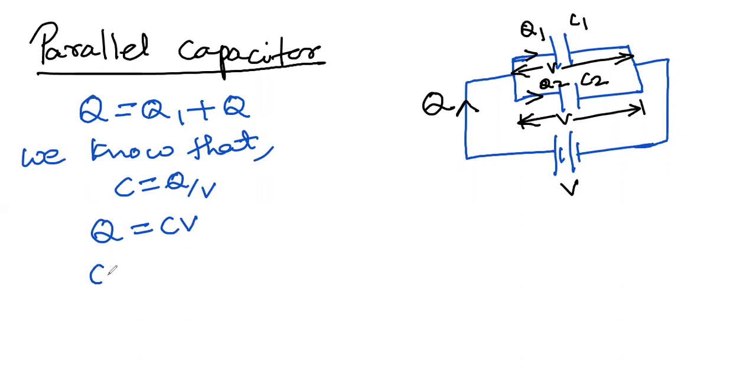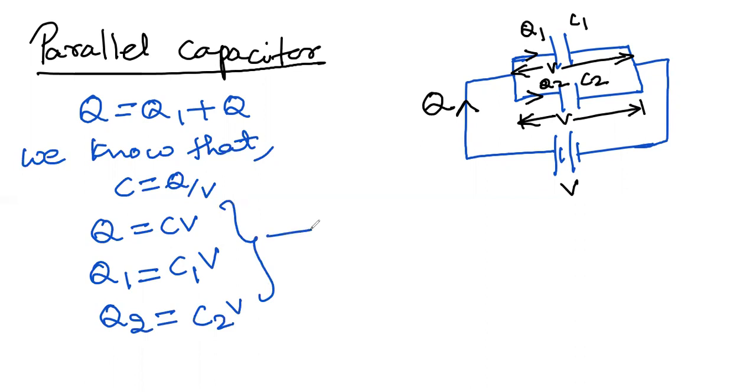What is Q1? Q1 is this Q1 over here that is appearing in C1. So we have C1, but the voltage that is appearing across C1 is V. So we write V over here. Similarly, we have Q2 is equal to C2V. I call all these equation number 2, and let us label this as equation 1.